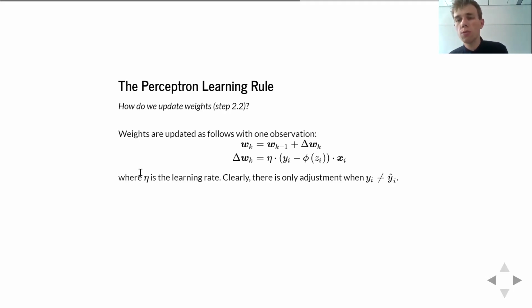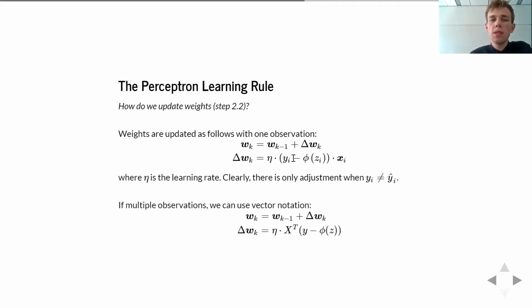I'm coming back to how this works in practice later. Clearly we can see here that when we make a correct prediction, then this will be 0 and there will be no update.